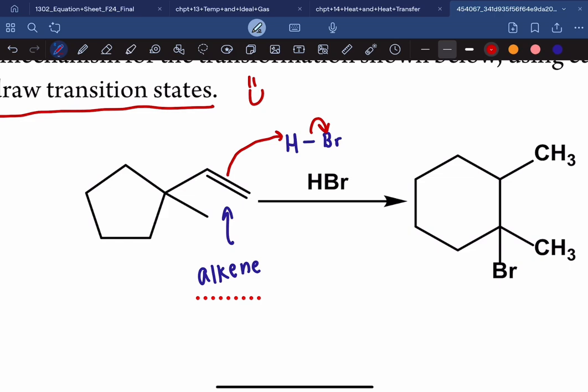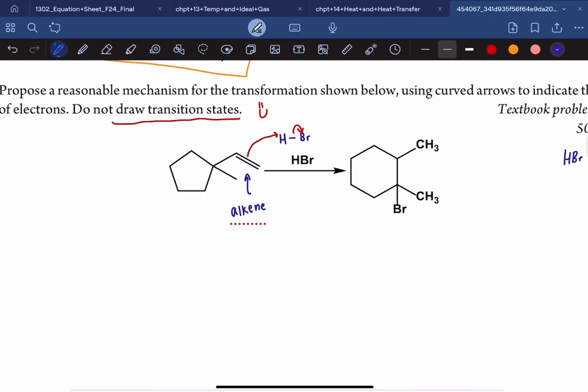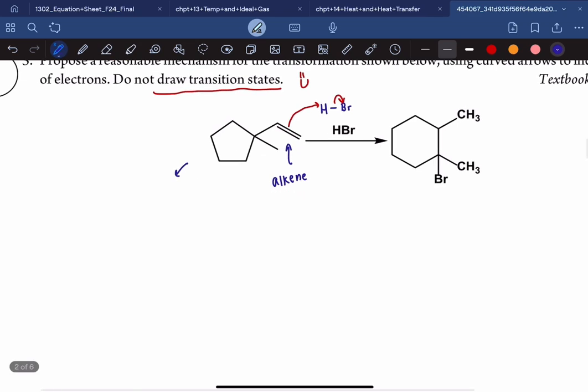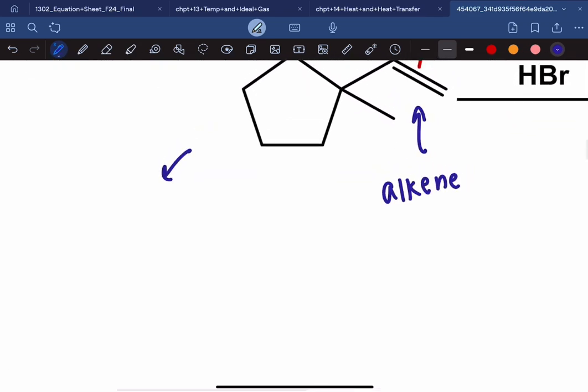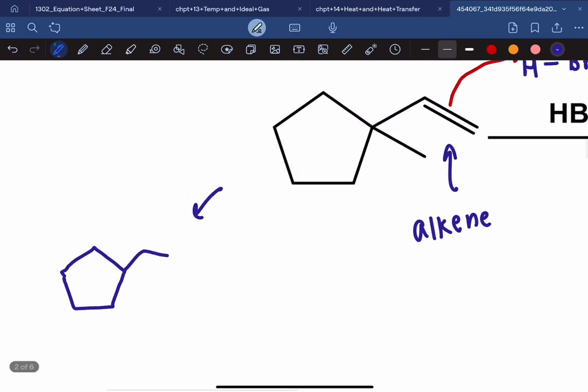So then the next thing you got to do is draw what we just made, and let's do an arrow like this, right? And let's draw this next thing out. So we have this, and this, and this. Uh-oh, what happened? And this. And then decide where to put the H, right? So since it's Markovnikov addition, we're going to put the H basically right here, and then give a plus charge.